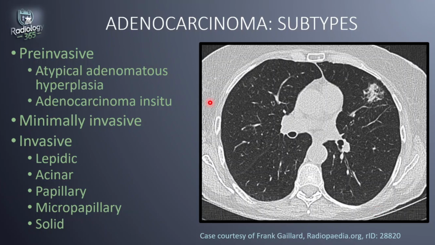So with regards to the radiologic correlates of these histologic subtypes, the pre-invasive with its different subtypes, the minimally invasive, and the lipidic growth pattern form of the invasive histologic subtype of adenocarcinoma will all show subsolid and ground glass nodules, while all the other subtypes of invasive adenocarcinoma will show solid nodules.